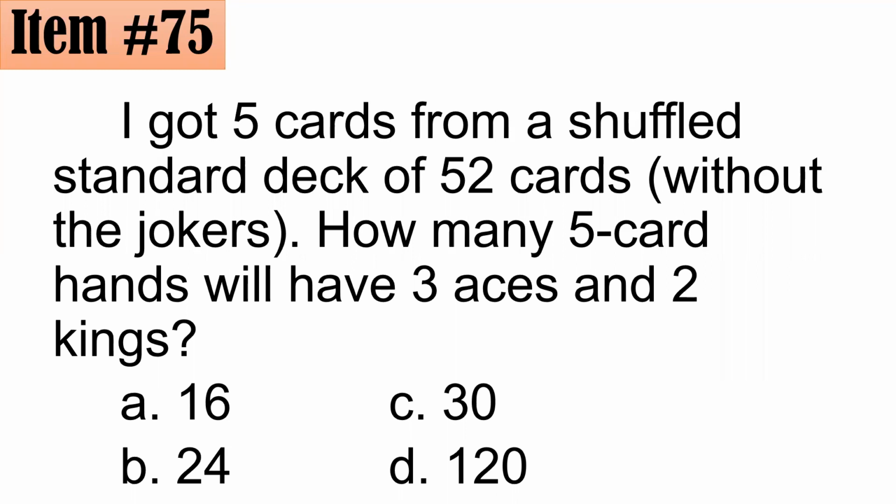Bawat isa sa kanila, merong tig 13: Ace, 1, 2, 3, 4, 5, 6, 7, 8, 9, 10, at saka yung 3 face cards na Jack, Queen, at saka King. That's why 4 times 13, that's 52 cards. In this case po, I placed in the problem na i-exclude po natin yung 2 jokers.